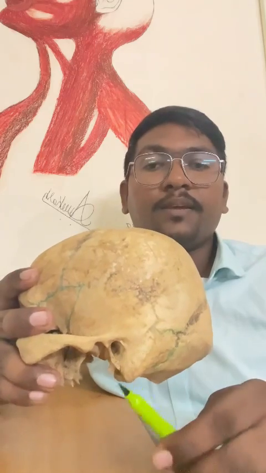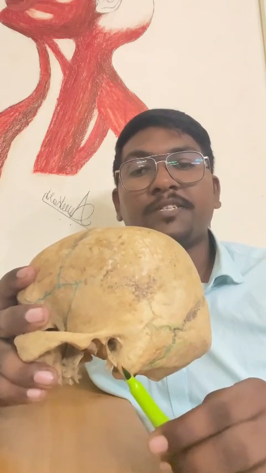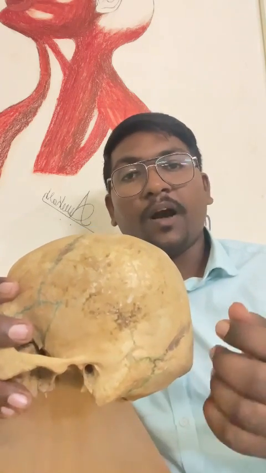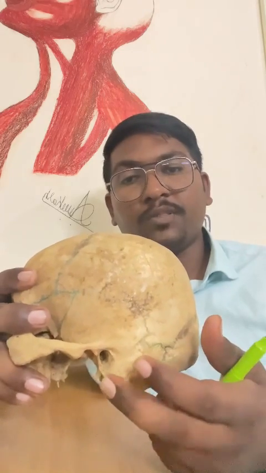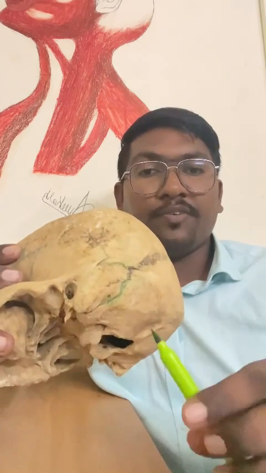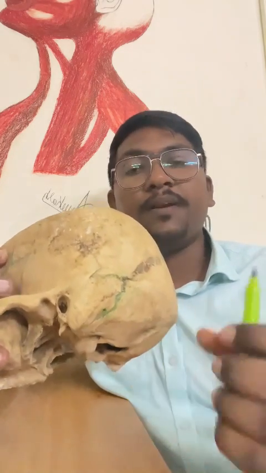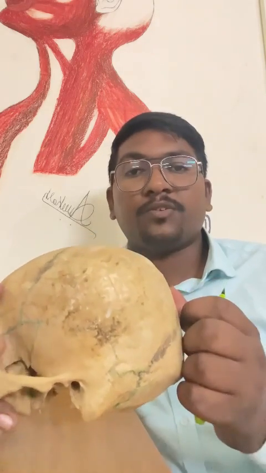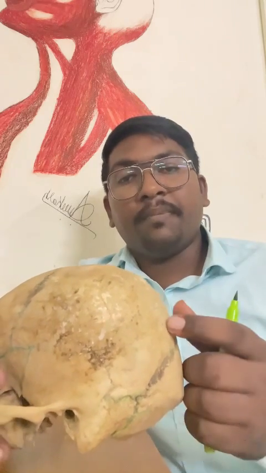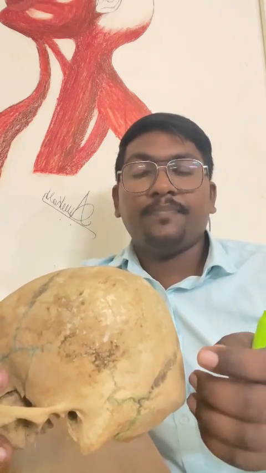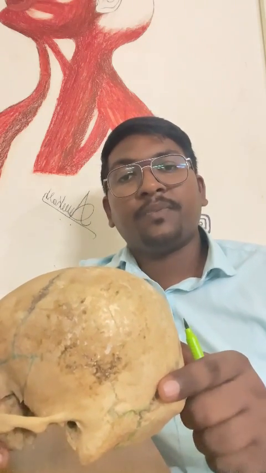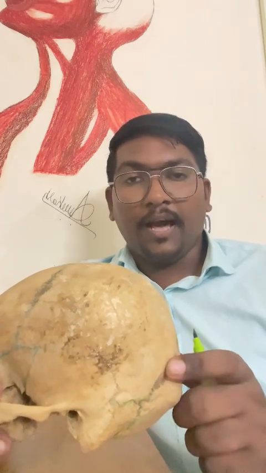Just in front of the base of the mastoid process there is the tympanomastoid fissure, through which the auricular branch of the vagus nerve passes. Then there is the mastoid foramen. The structures passing through it are the meningeal branch of the occipital artery and the emissary vein, which connects the sigmoid sinus with the posterior auricular vein.